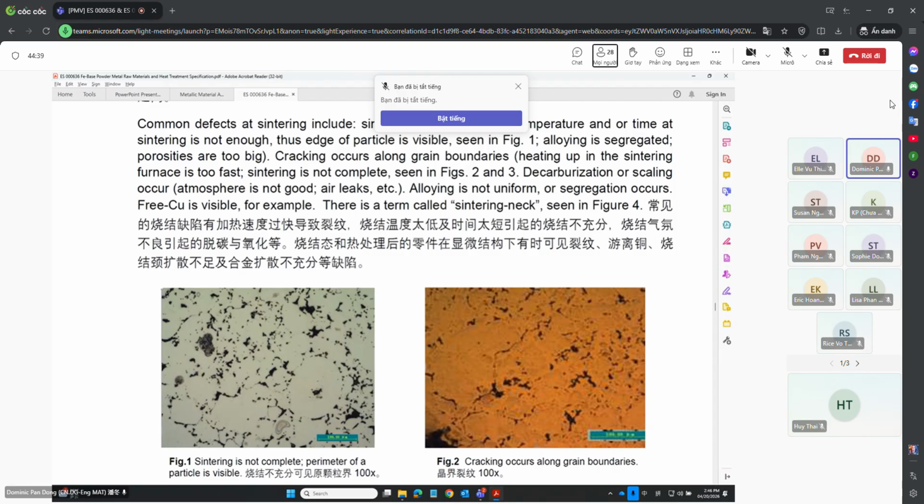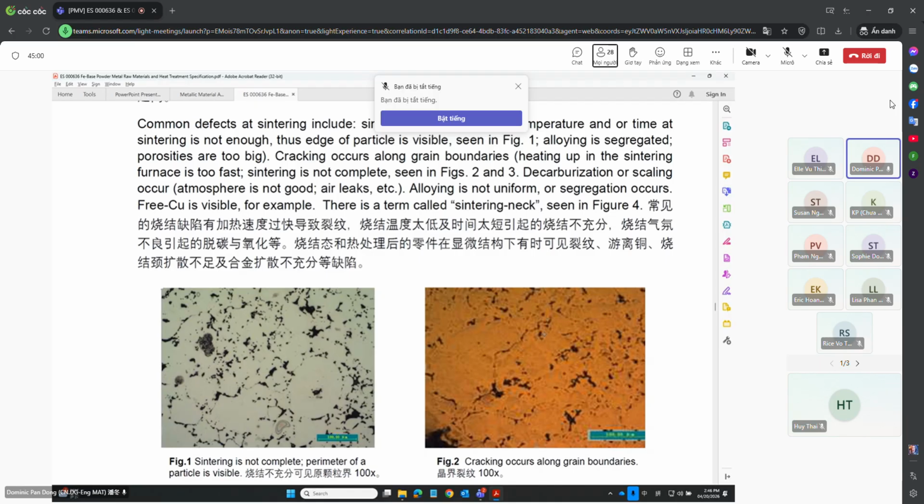This is a typical so-called poor sintering or incomplete sintering of the powder metal particle. So the particle's outer perimeter or outer boundary can be seen clearly. This is NG.